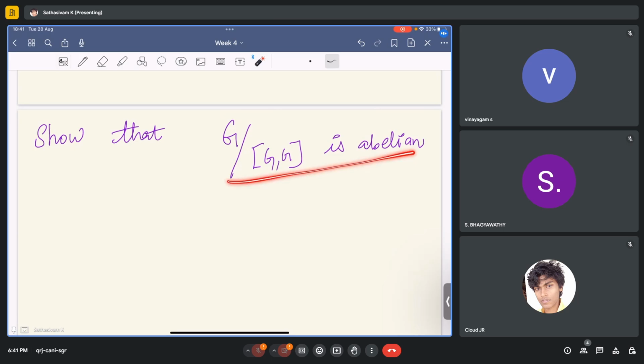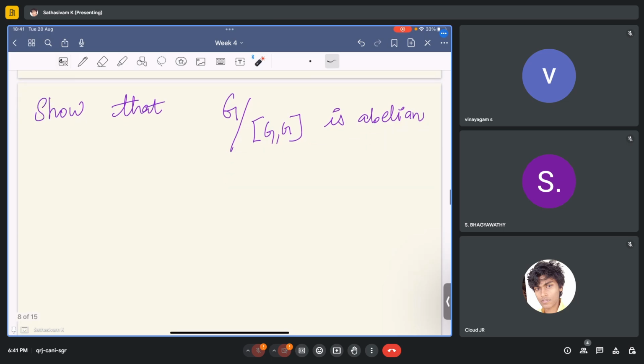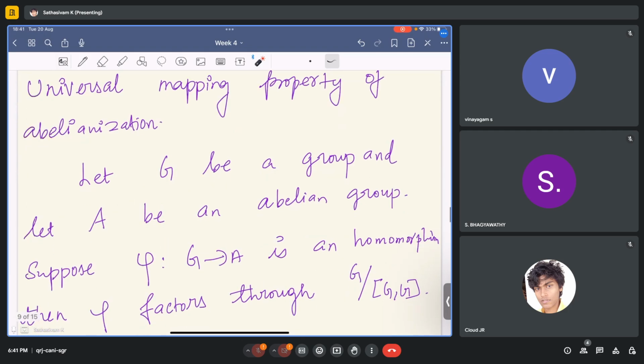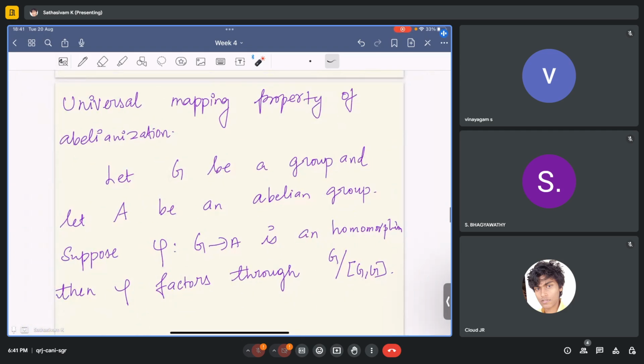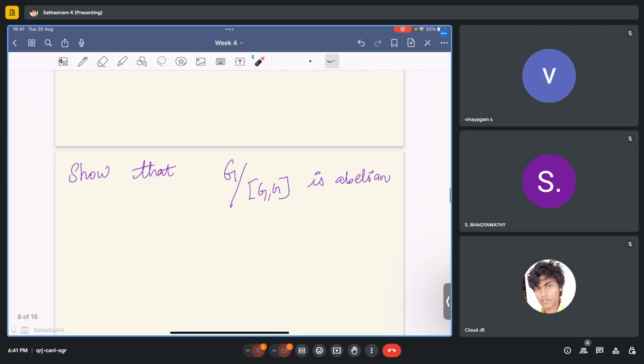And the interesting property of this abelian group is the following. This is called the universal mapping property of abelianization. So this particular group is called the abelianization of G. If you take a group, the group need not be abelian, right?